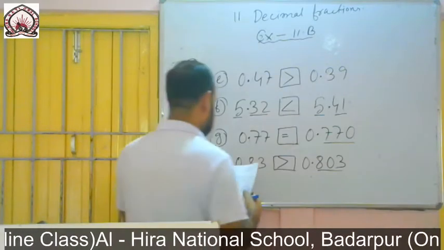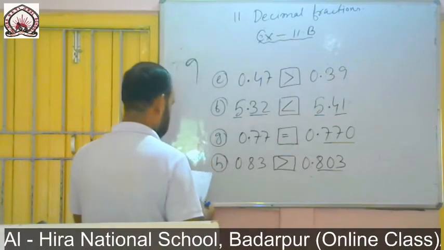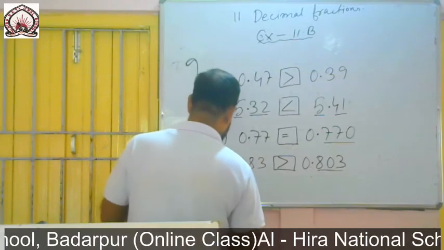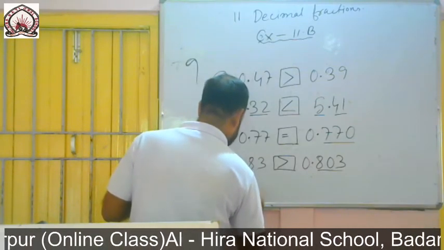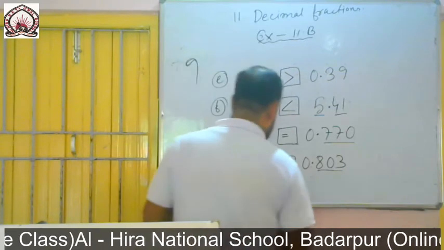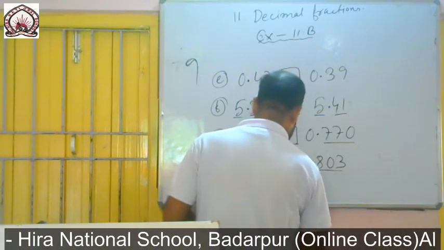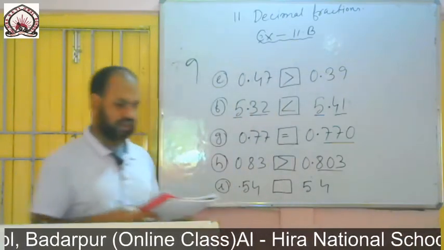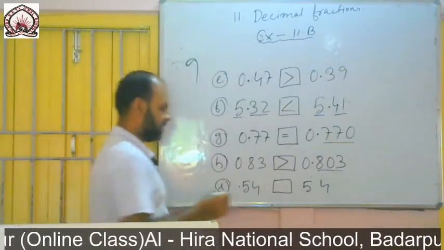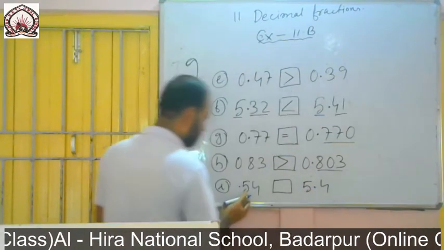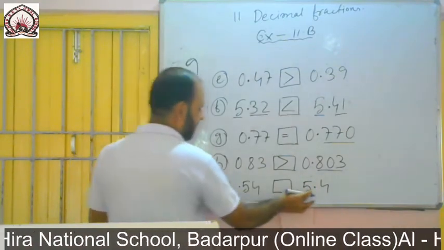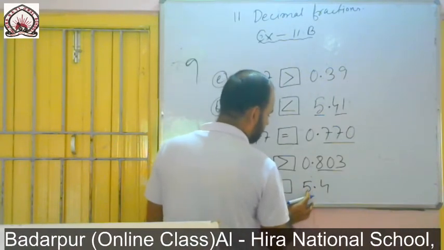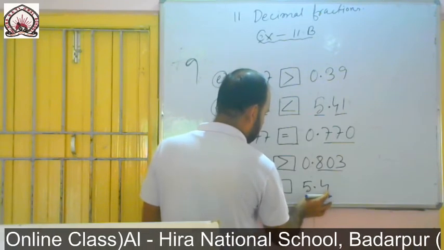Next, question number I. 0.54 box 5.4. Here in 0.54 there is only a fractional part, and on this side 5 is the whole part, the integral part, plus the fractional part.